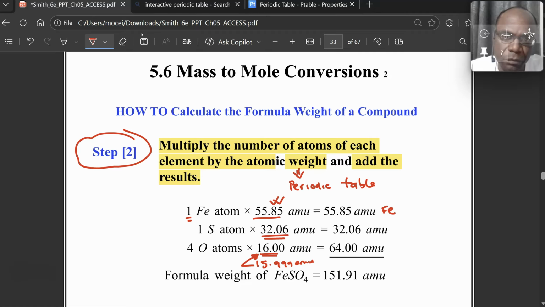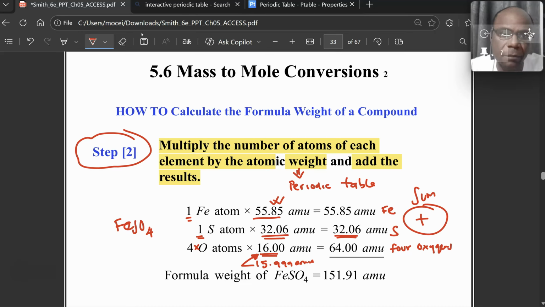So iron will contribute that much in iron sulfate. This is actually iron 2 sulfate. We have 1 sulfur, we keep the 32.06, that's from the sulfur, and then we have 4 oxygens, so 4 times 16 is 64. These come from 4 oxygens.